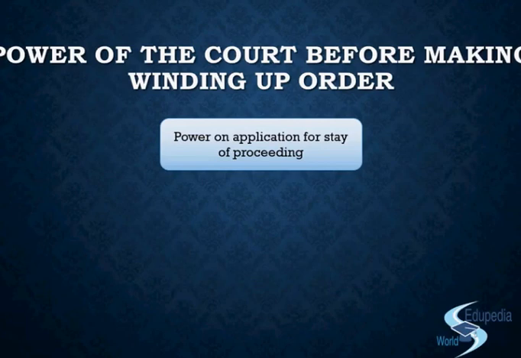So the creditors and the contributories have been given the power, as well as the company. For example, the creditors have applied for winding up of the company, or the shareholders or anything, but now the company suddenly thinks, okay, we have found a way out, we have a supporter, we have an investor, we have a helper. So they apply to the court, please stop the winding up proceeding, please put a halt on it.